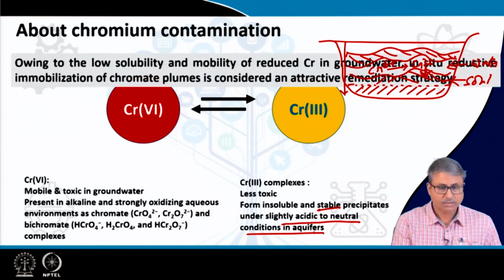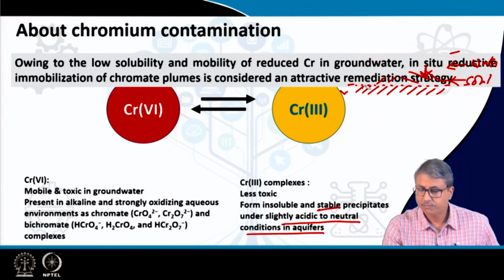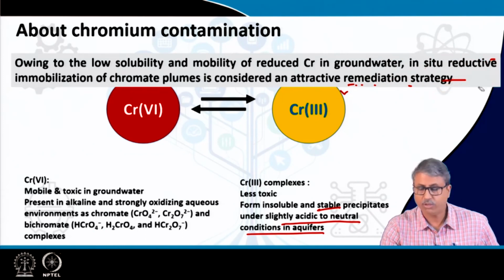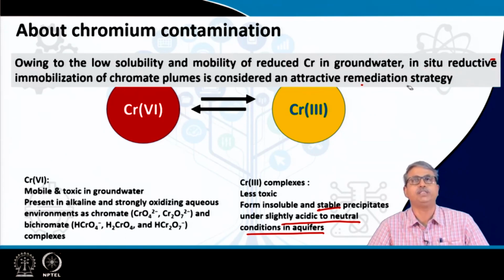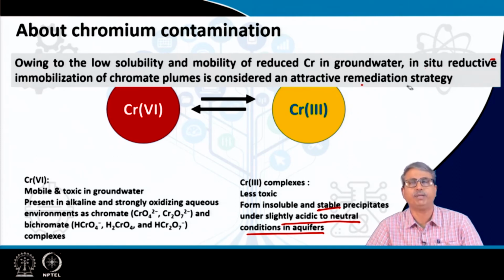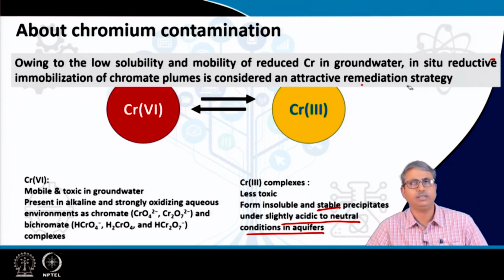Now, owing to the low solubility and mobility of this reduced chromium in groundwater, because as I explained, once the hexavalent chromium is reduced to chromium 3, it has low solubility and mobility, and it tends to precipitate and form stable complexes with the sediment and other solid phases of the environment. Now, in situ reductive immobilization of chromate plumes in chromium containing groundwater systems is considered an attractive remediation strategy.